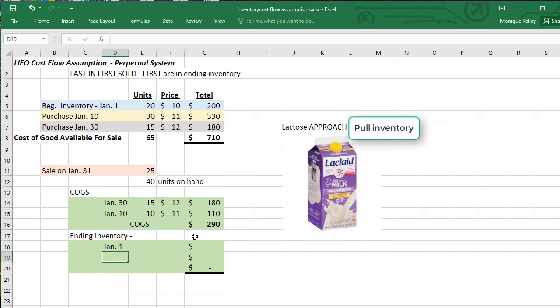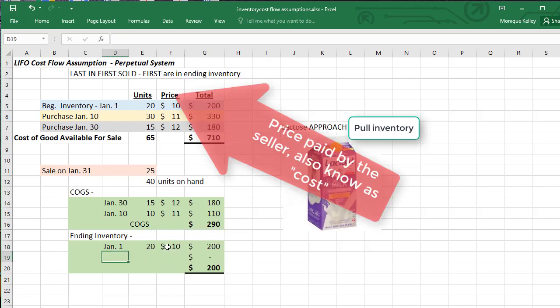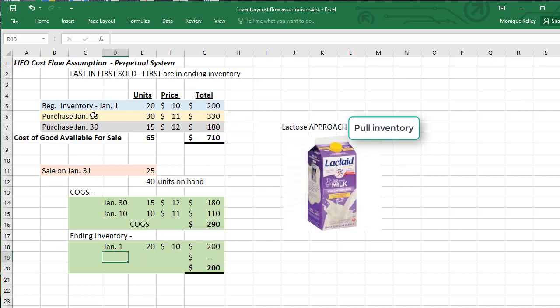We have 20 units that we're going to account for at the $10 price. And then we're going to do the next first date, which will be January 10th. Because we have 20, we're trying to figure out the cost of 40 of them, we're talking about 20 more.